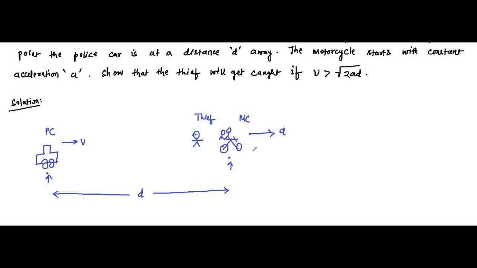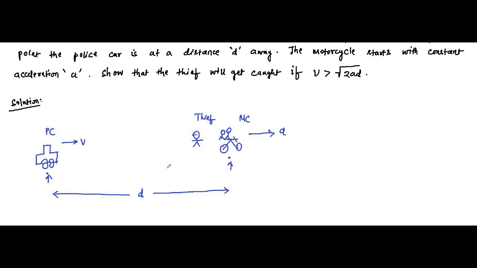Now we have to prove that the thief will get caught if the police car's velocity is greater than or equal to root over 2ad, where a is the acceleration of the thief's motorcycle and d is the separation distance.